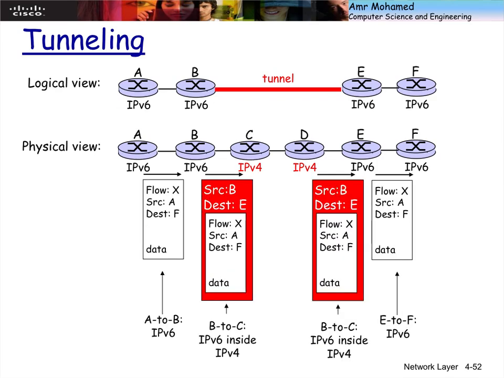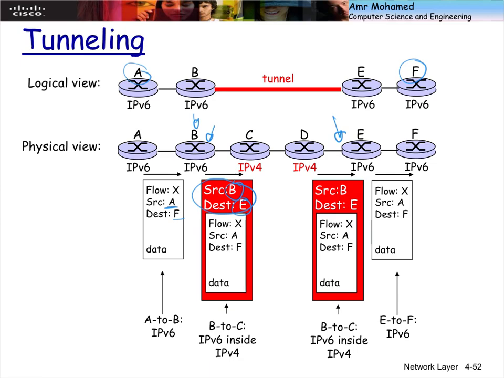So that's the scenario. This border router will have to do extra work. Here the source is A and the destination is F. So I need to send a packet from A to F. This is the original source and the original destination. When I incorporate the IP version 4 header, the source becomes B and the destination becomes E. So this is the end of the tunnel.